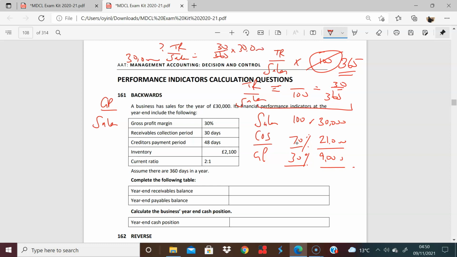So 30 divided by 365 times your sales of 30,000, and that is 2,466. I'll round that up. And I apply the same principle to the others.